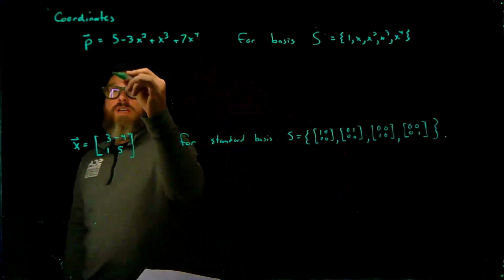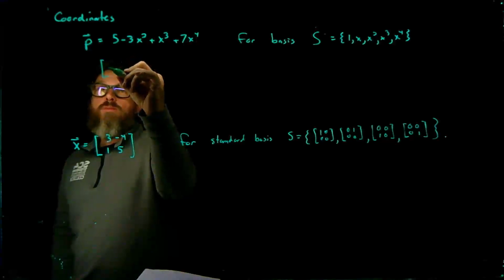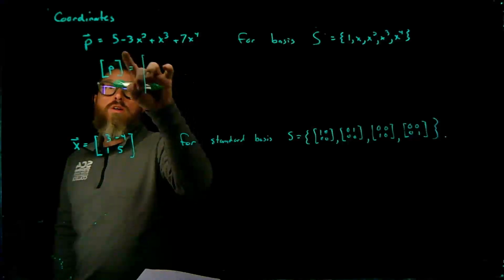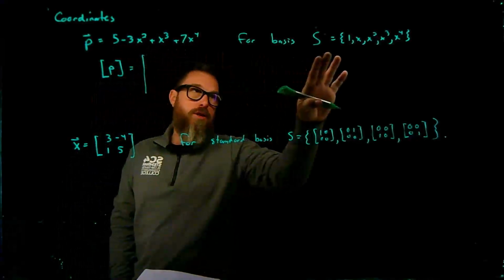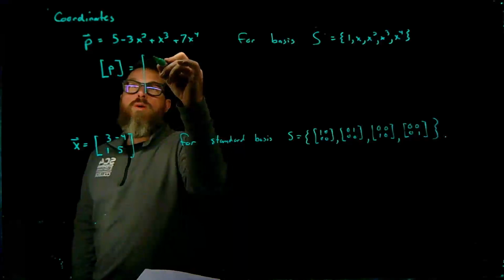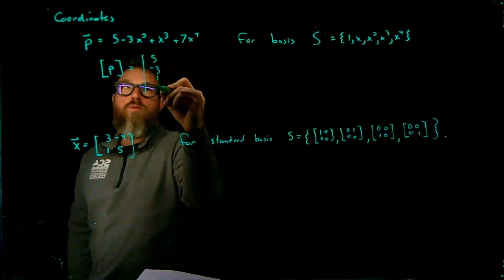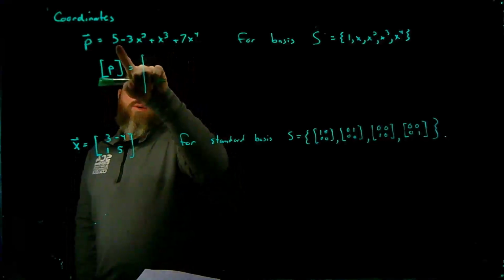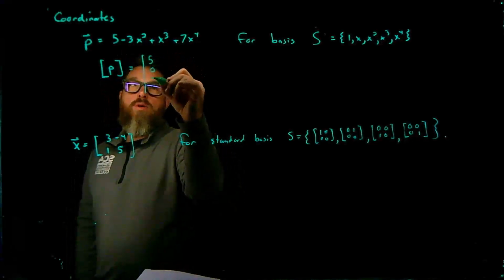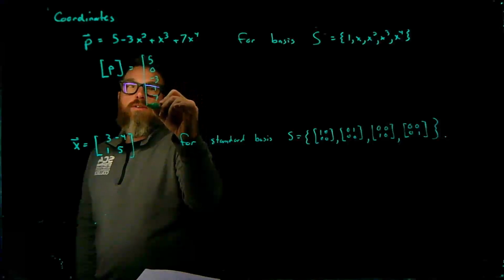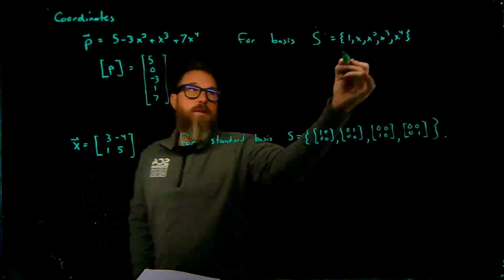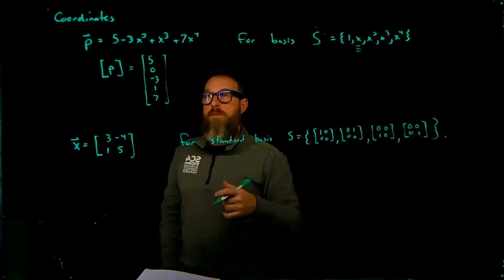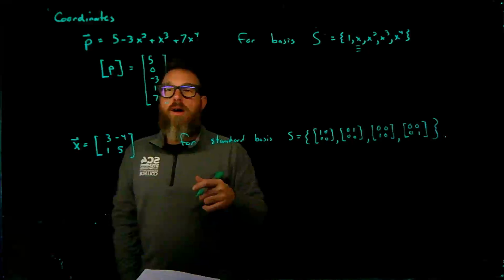I could write this with respect to its standard basis, as this is just a linear combination of the standard basis. So we have 5, minus 3, 1. Actually, I missed one, because there is no x here, so there is 5, 0, minus 3, 1, 7. Those are your coordinates, because we have no coefficient for x, which means the linear combination would have to be 0 for that particular component.